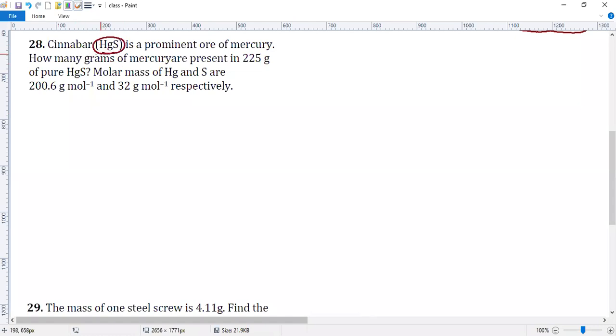So the next question is about HgS. Question number 28, about HgS, we are going to have a discussion. How many grams of mercury are present in 225 gram of pure HgS? So you have in your hand 225 gram of pure HgS. How many grams of mercury will be in it? Because it is an ore, what does that mean?